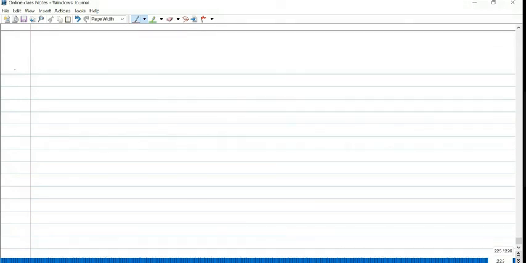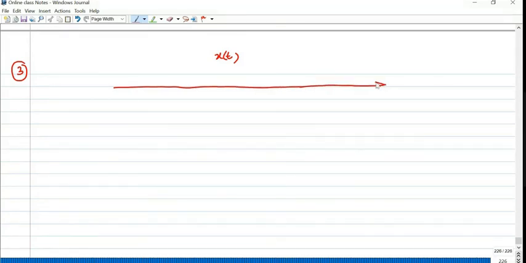Several problems are there. I'm just solving one model problem, so that you will get confidence. Whatever the signal given, the students should be able to compute the trigonometric Fourier series as well as the exponential Fourier series.